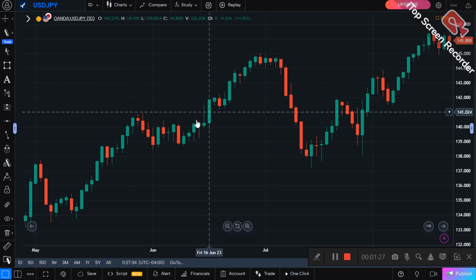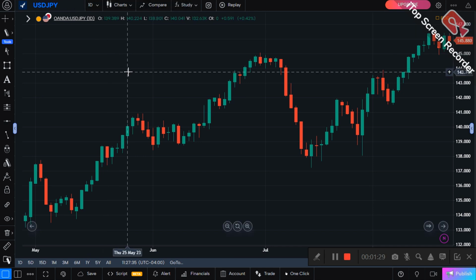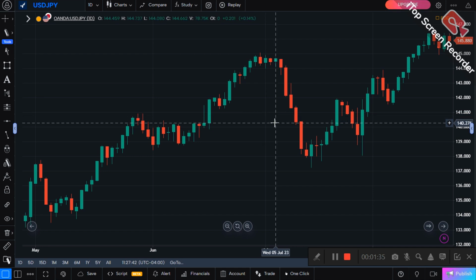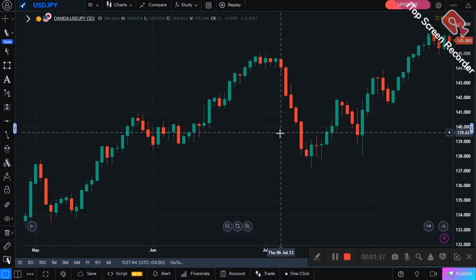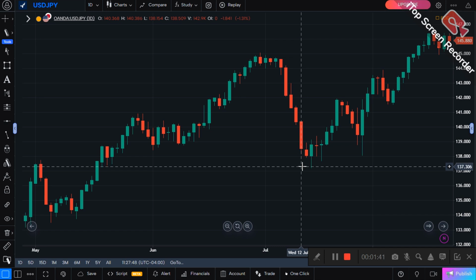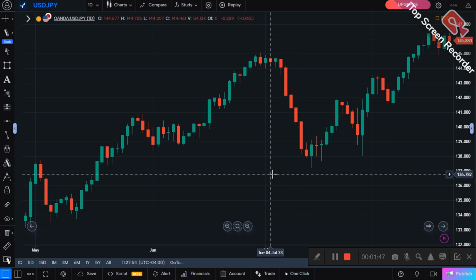If you don't use these large time frames, you will not settle in a profitable direction because a lot of difficulties will come in front of you.